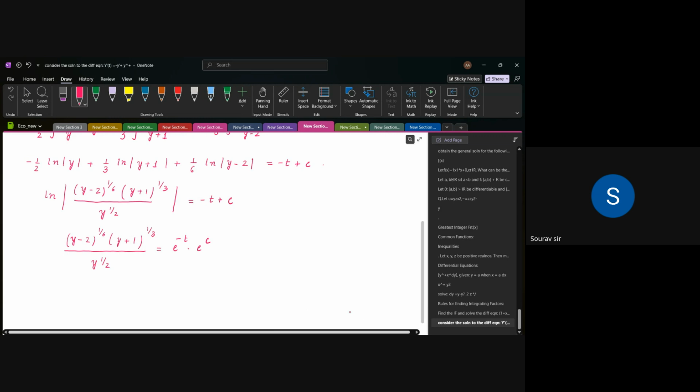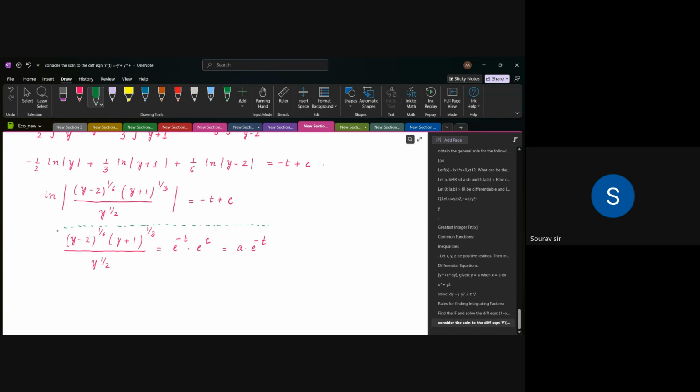Correct? So e raised to the power c, you can write as some A times e raised to the power minus t. So this is your general solution.